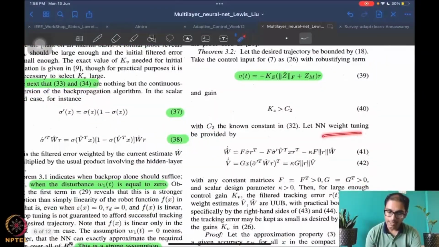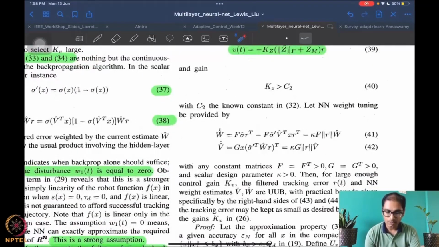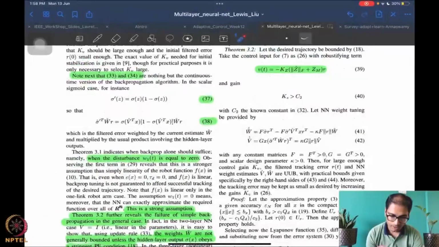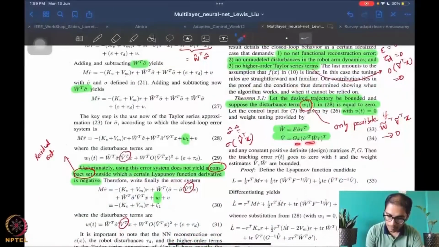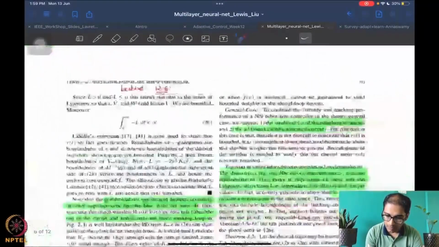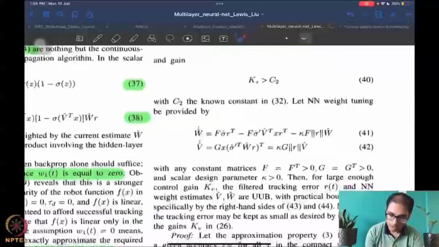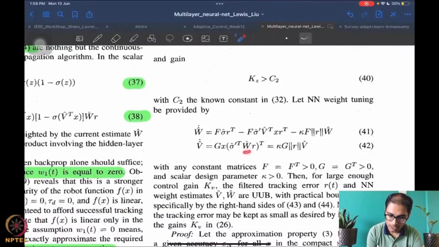And then the neural network weight tuning is changed a little bit. If you see, the second term is not very different from what we had. You had G(x) sigma hat prime transpose W hat r transpose, and this is exactly the same.